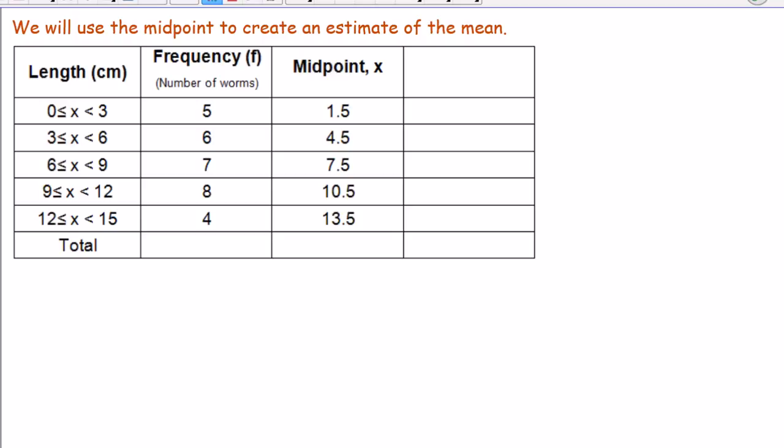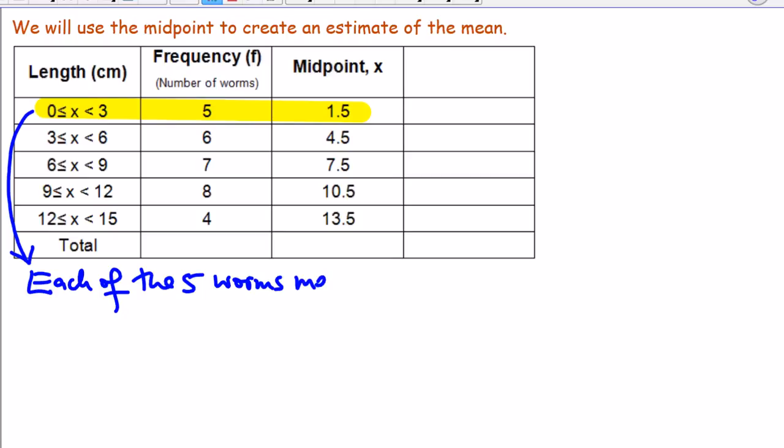Before I go into that, I want to go into some details here. From the information in the table above, we can say that each of the 5 worms in this group measured 1.5 centimeters.